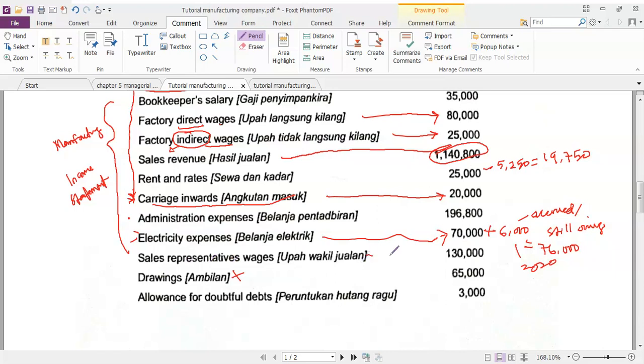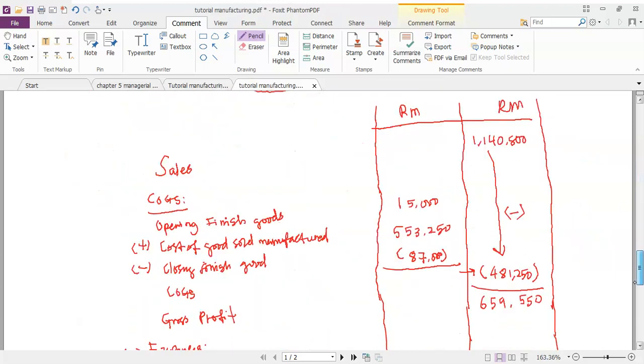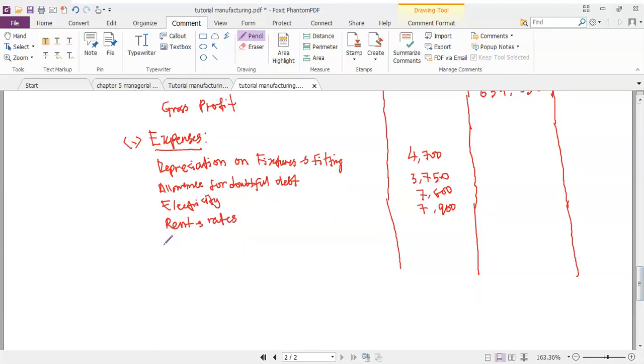Sales representative wages. Yes, you should add on. Okay. Sales representative, it means that sales commission, salesman wages should be put inside the income statement. That is the period cost, not a product cost. So you should put inside the income statement. Okay. So sales wages.